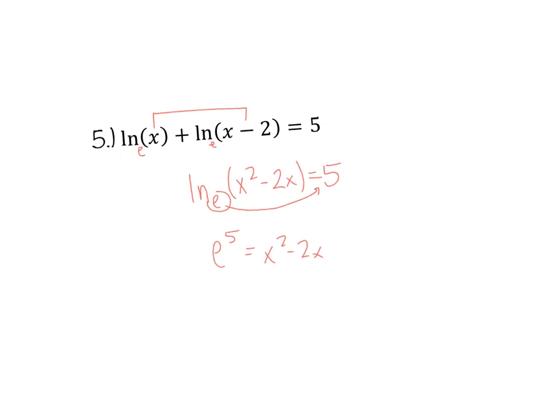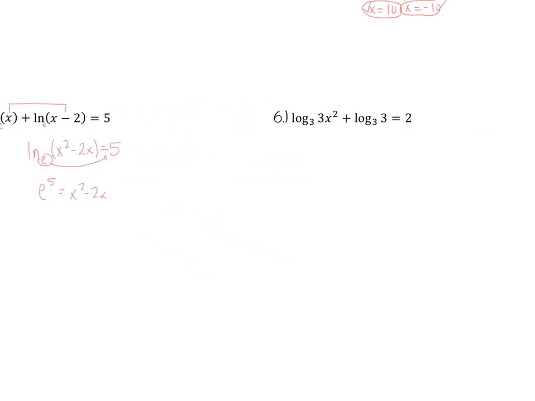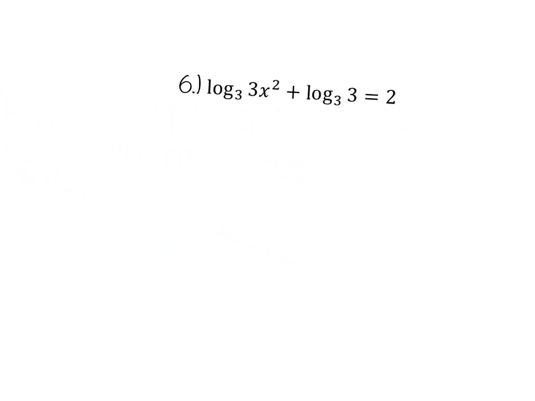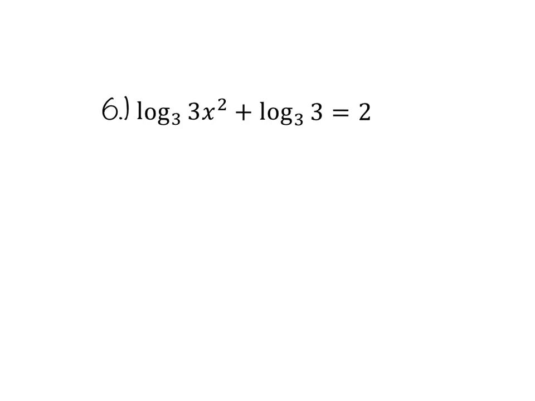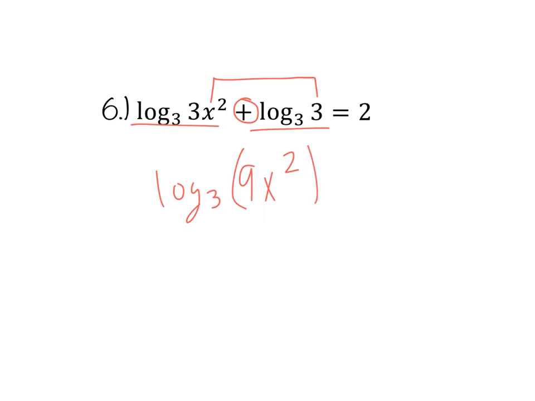If you have a natural log, it's the same thing. And then 6 is a regular log. Again, you have to combine. You see a pattern here. We've got to combine these logs because they have the same base and it's addition. I multiply those, so I get log base 3 of 9x squared equals 2.